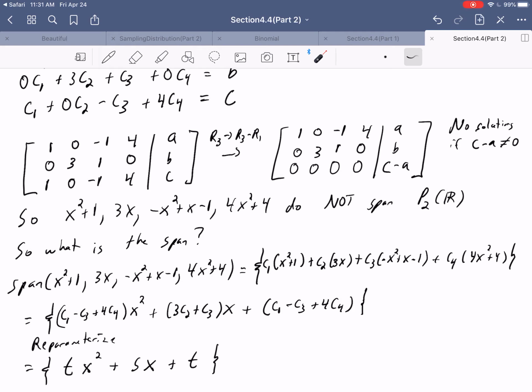The thing I want you to recognize is that some of these pieces weren't really contributing very much. If you think about it, this 4x squared plus 4 wasn't building anything that we couldn't already build with this guy. Why do I know that? Because 4x squared plus 4 is just 4 times this. So if I can build something out of x squared plus 1, I can also build it out of this guy.